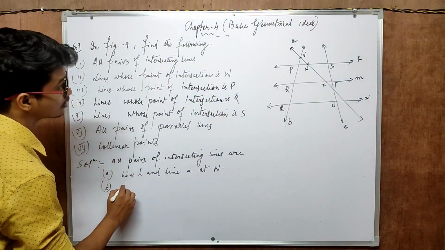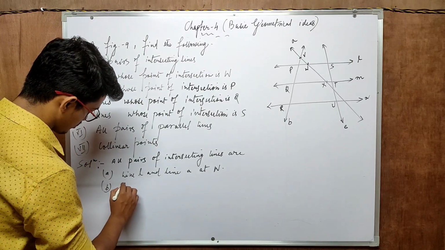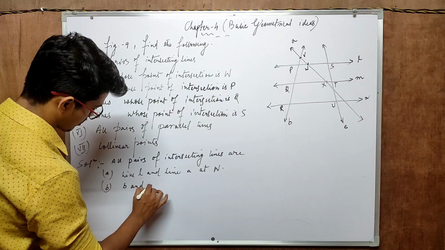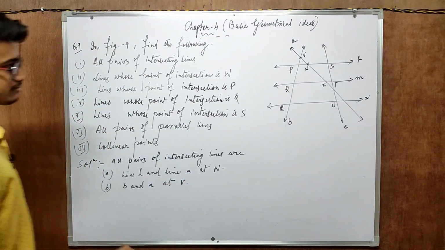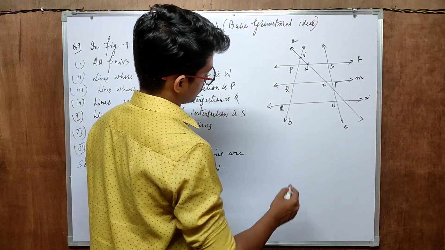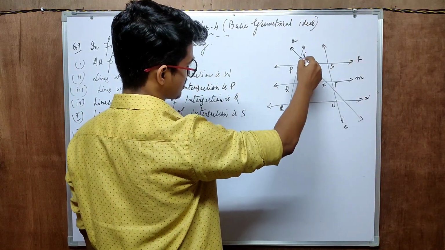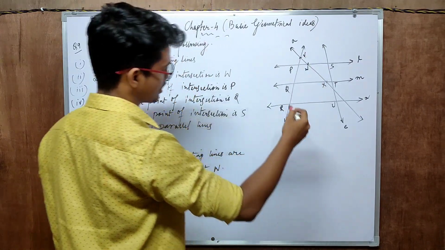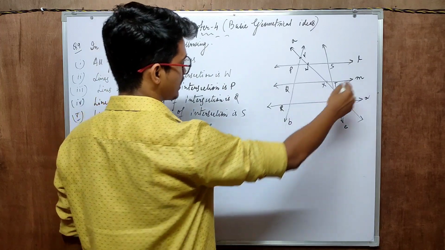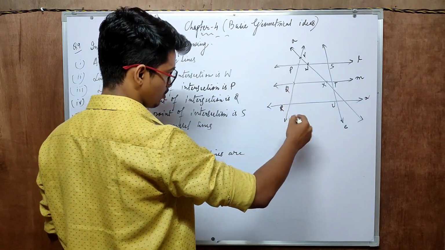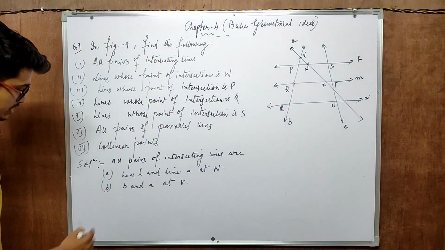So that will be B and A at V. After that, if you see B and L which intersect at P, B and M which intersect at Q, B and N which intersect at R. So we have to write like that.